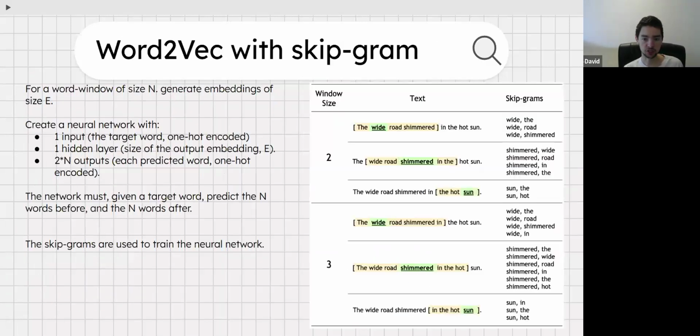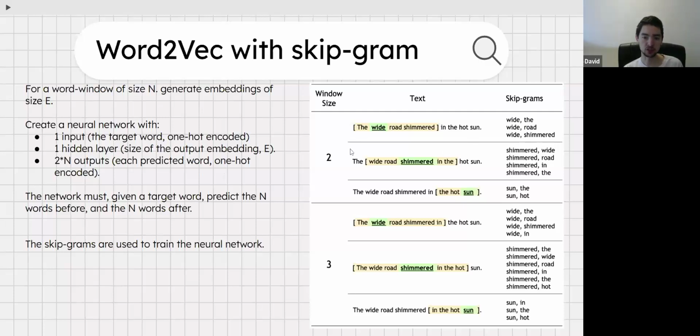Now, with skipgram, we do the opposite. For a window size of n, we want to predict the n words before and n words after. Based on wide, we want to predict that the word before is the, the word after is road, and the word 2 words after is shimmered.